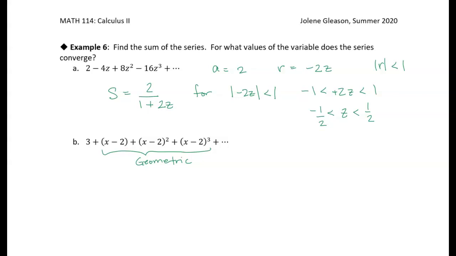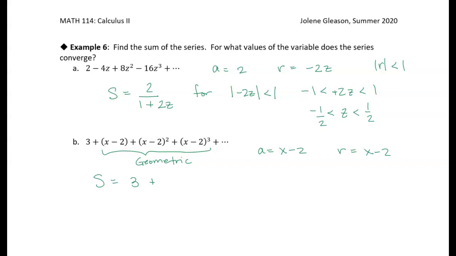Okay, so we can kind of just deal with the 3 by itself. And if we look at the geometric part of it, we have a first term of x minus 2 and a common ratio of also x minus 2. So the sum is going to be equal to 3 plus, if we have a nice r, right?